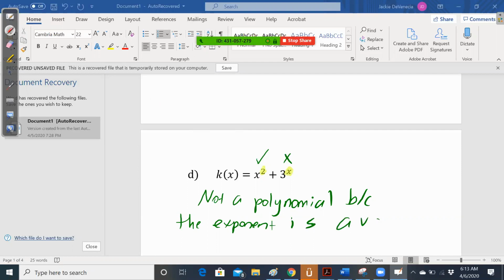It is a variable with a number as a base. All right. So because of that, this is not a polynomial.